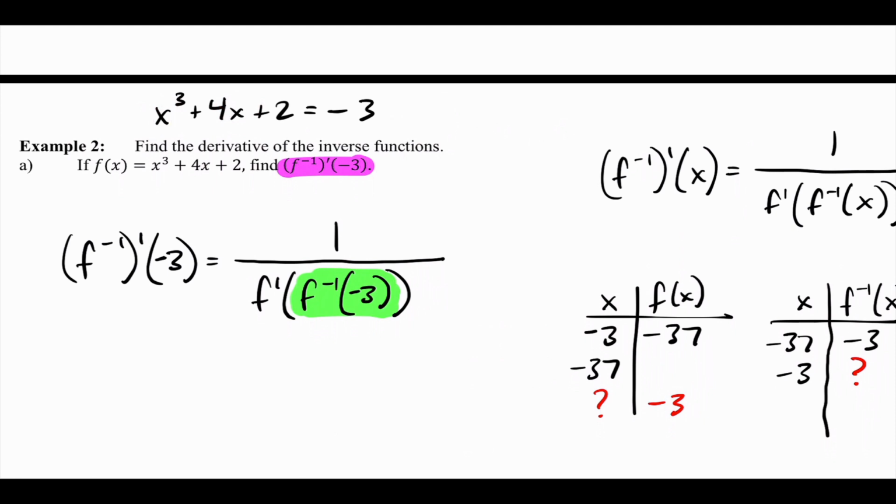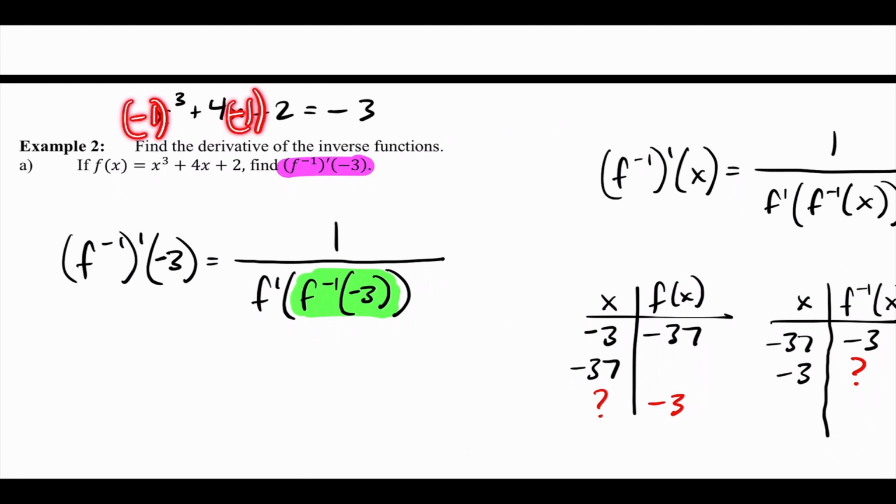If I plug in 1 here, that gives me 1. And if I plug in 1 here, that gives me 4. So I add them together and I make 5. Plus 2 is 7, close. Let's try -1.